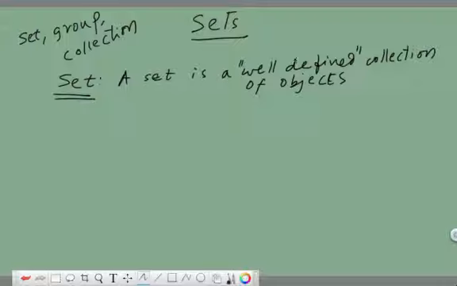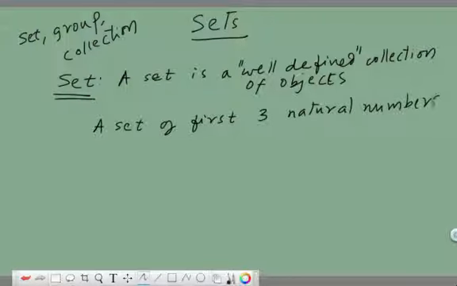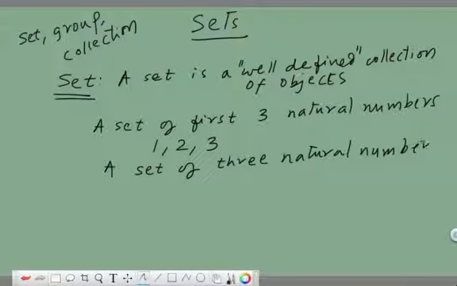So for example, if I say a set of first three natural numbers, that's a very well defined collection of objects because we know that we are referring to the first three natural numbers. But instead if I say a set of three natural numbers, this is not a well defined collection because three natural numbers could be anything.